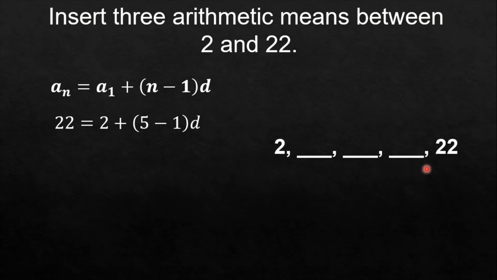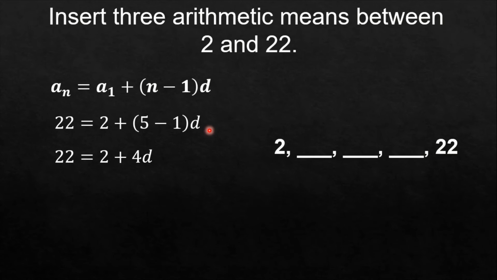So, since nilista na natin siya, so ang a sub n natin ay 22. Then, ang a sub 1 natin would be the first term. N is the position of 22 or the number of terms. Pwede rin, the number of the terms of the given arithmetic sequence. So, we have 1, 2, 3, 4, 5. So, kaya naging 5 to. Minus 1 times D.